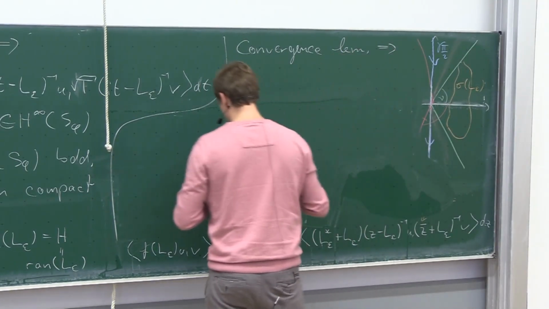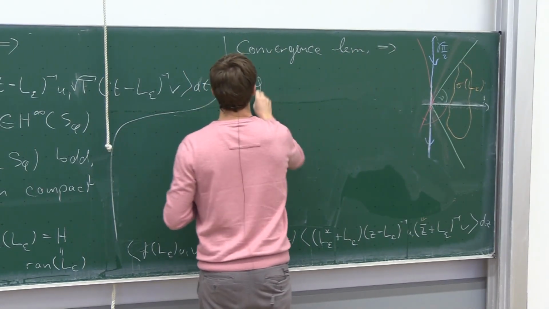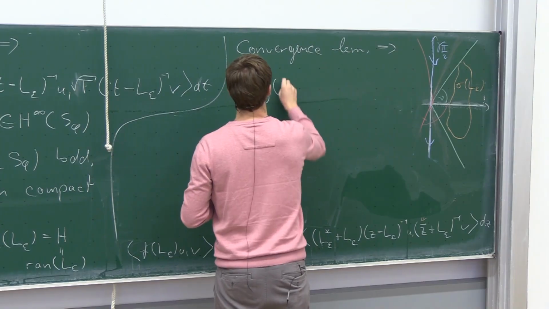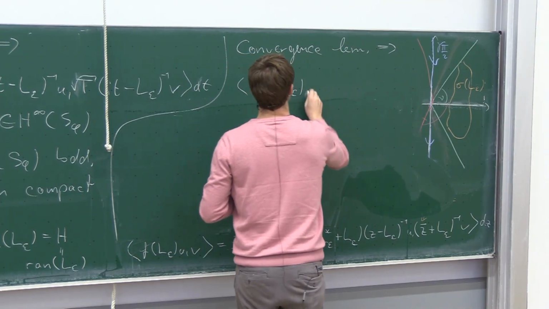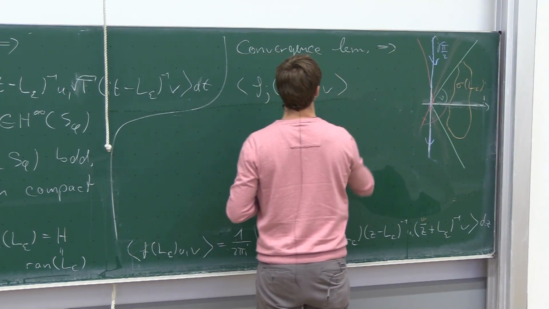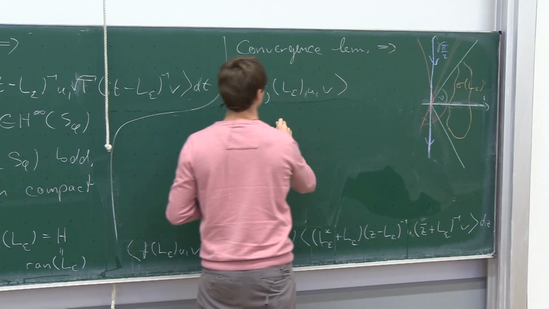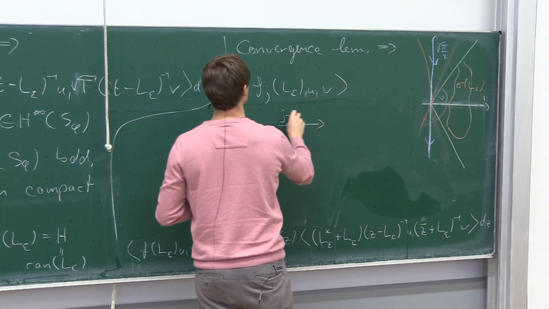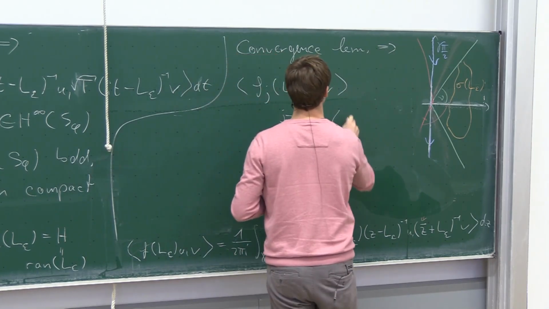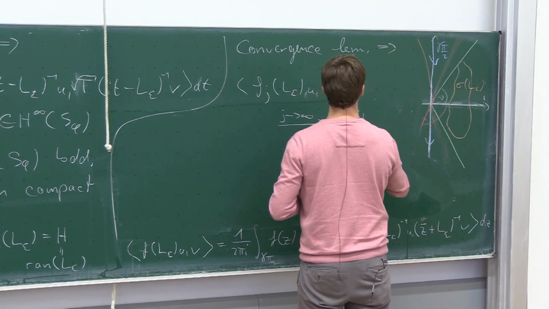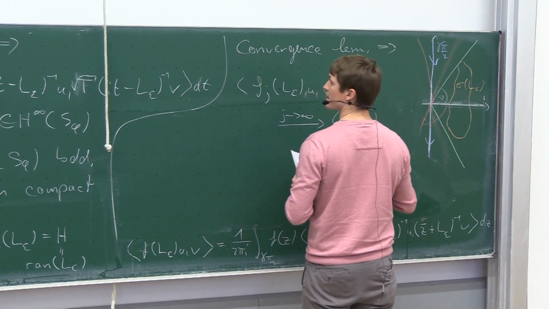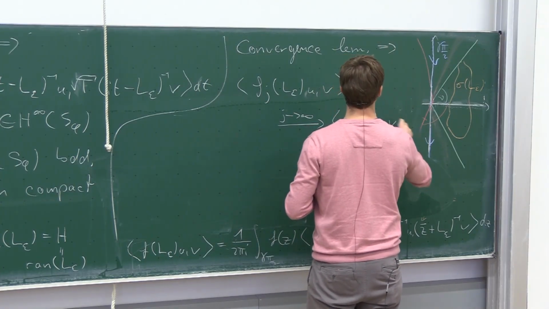So if I consider f_j of L epsilon, apply it to u and test it with v, this converges for j to infinity to f of L epsilon u tested with v.